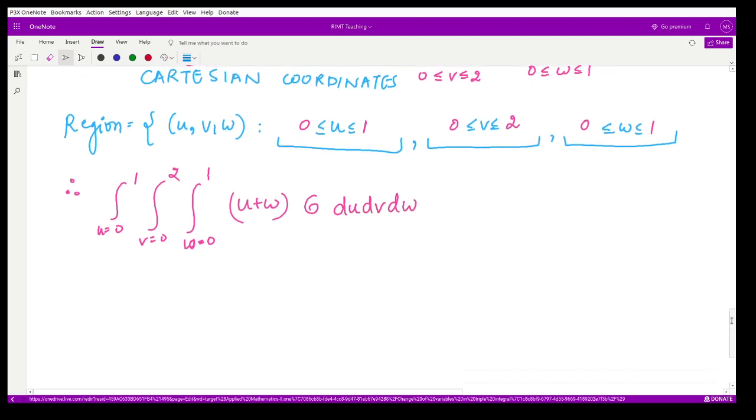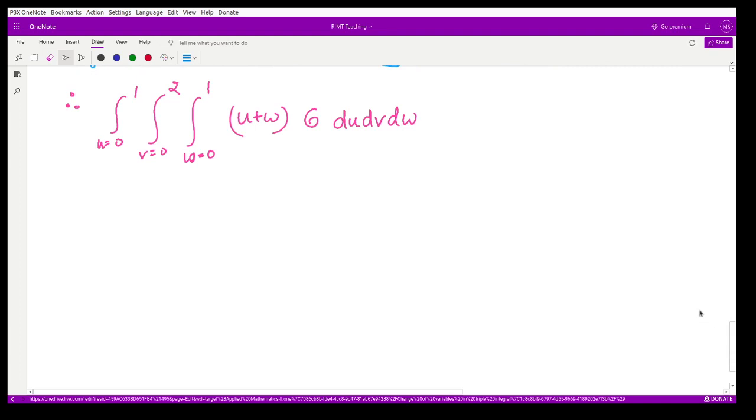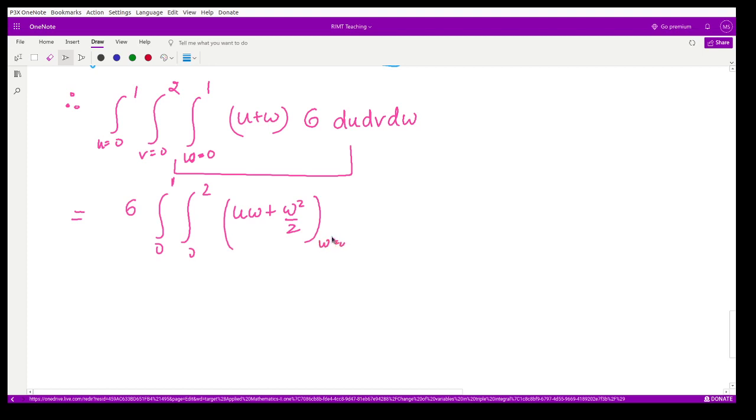Now the next step is just to solve this particular integral. It is very simple. 6 is outside, it could be taken out. Firstly, we'll solve this part. We'll perform the integration with respect to w. Because we have one w term, it is uw plus w square by 2, and the limits of integration are from 0 to 1, with dv and du. I'm sorry, these are the limits for u and these are the limits for w. So here we have to perform the integration with respect to u.